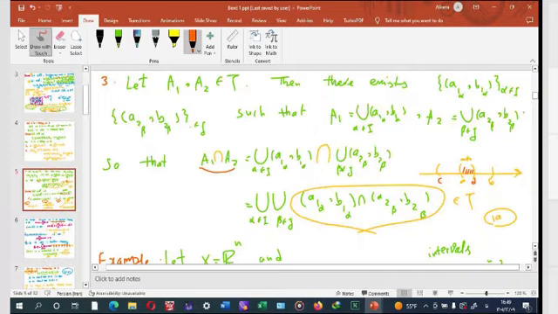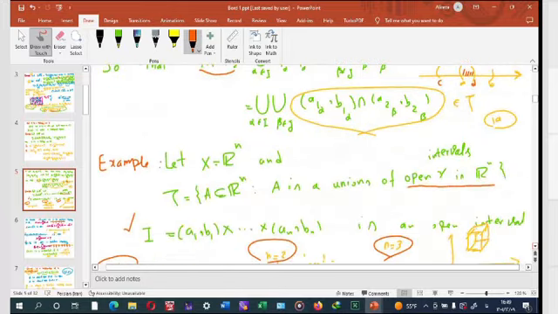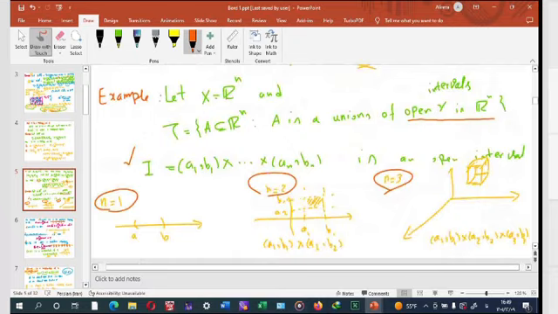I send this file for you together with your source book. Please note that for the real line, an interval is this subset of R.